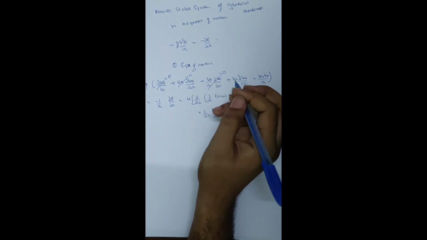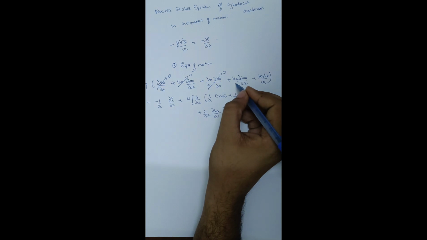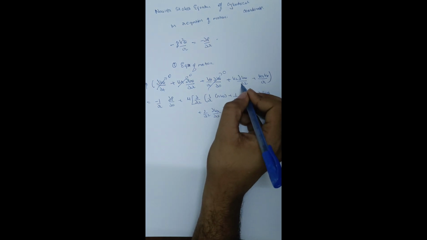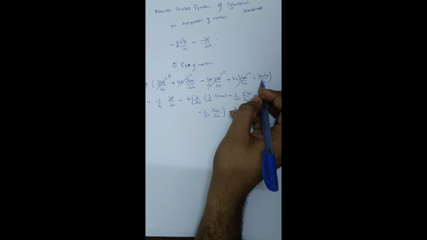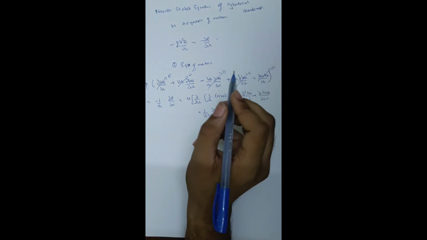We know that vθ is a function of r again, so over here also this term is going to be 0, because it is given here ∂vθ/∂z, plus vr vθ/r. We know that vr is 0, so this is going to be 0.